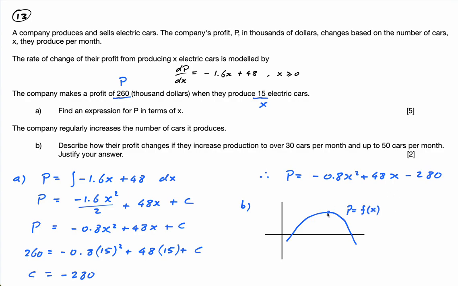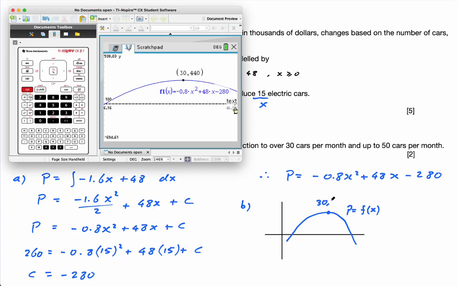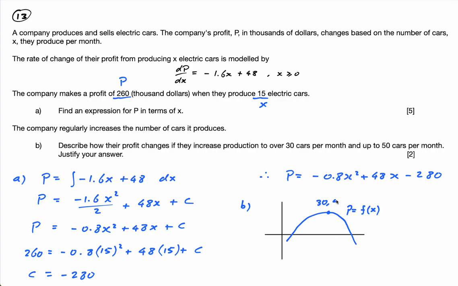And this point here is 30, and what was it? 30, 440. And then you can say, describe how their profit changes as they produce over 30 cars.